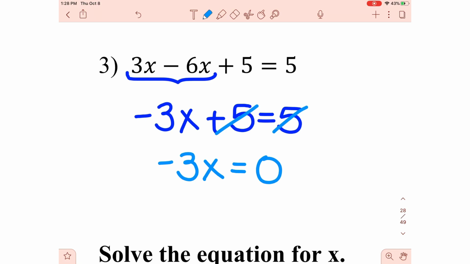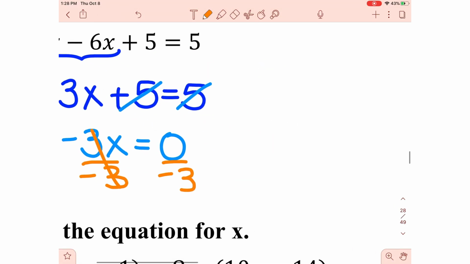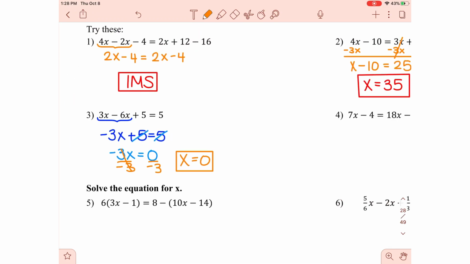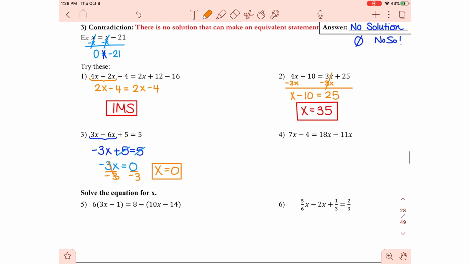Negative 3x equals 0. Well, if I divide by -3, 0 divided by -3 works. It's 0, and 0 is a number. It counts as an answer. x equals 0 is the answer here. So that's actually a conditional equation. I got a singular answer.